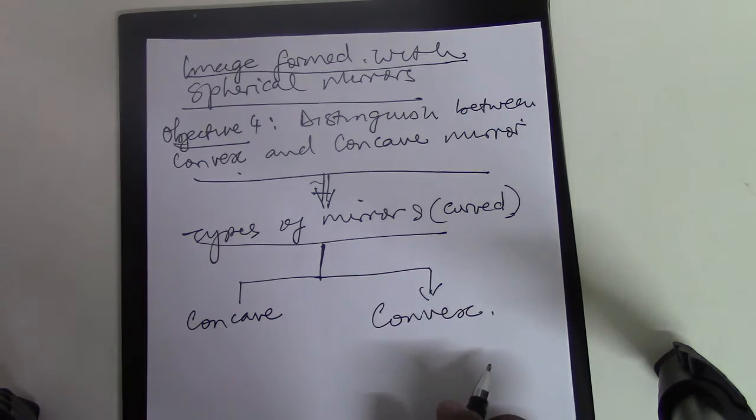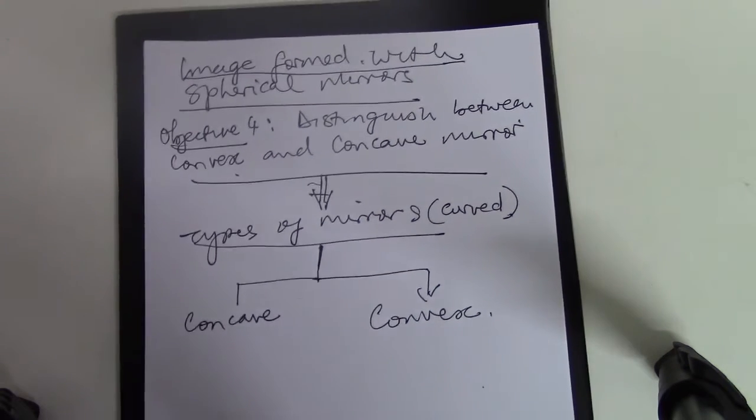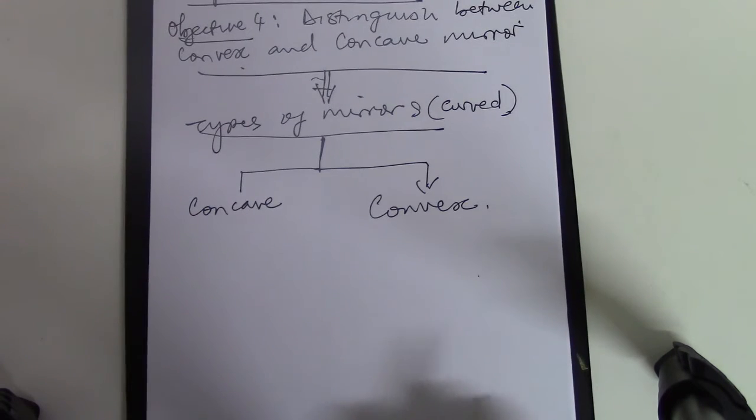We have two types, concave and convex. Of course, there are others, parabolic and so forth, but we are not interested in studying them at this stage, this is not the scope of our interest. Right. So let's look at these mirrors one by one.